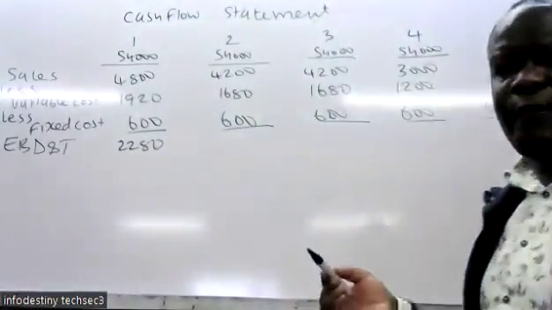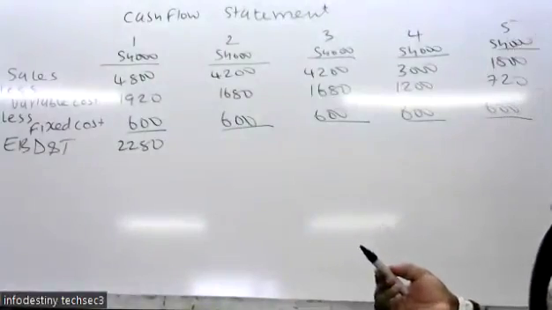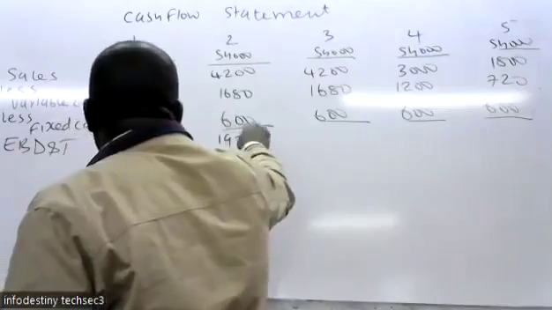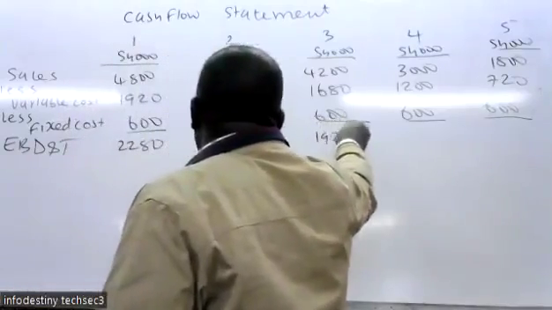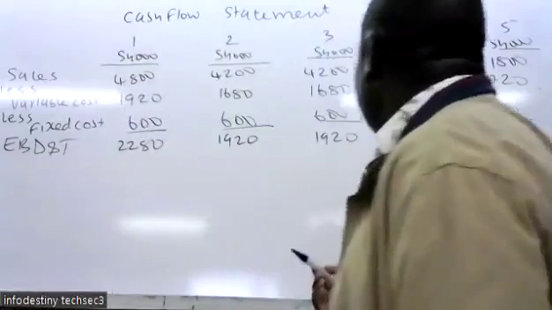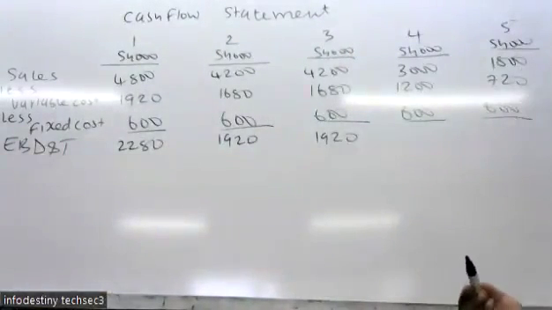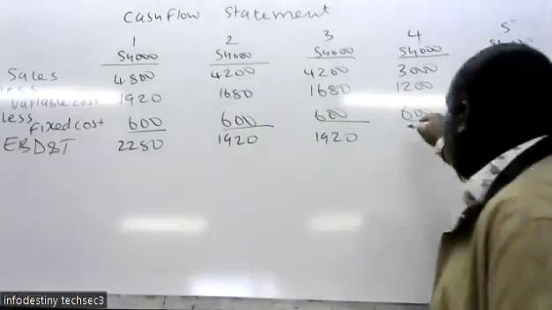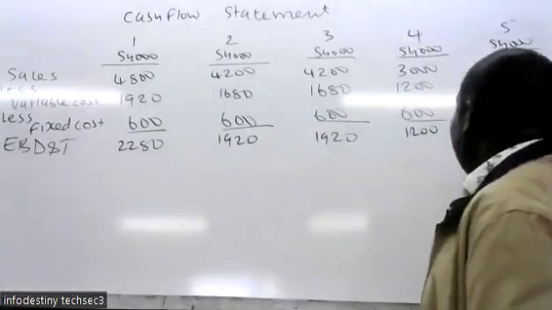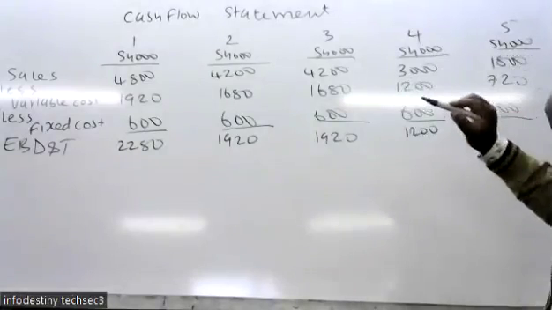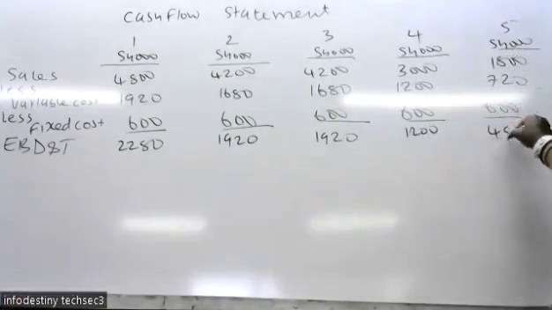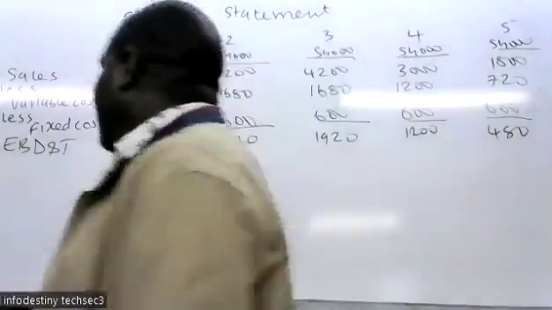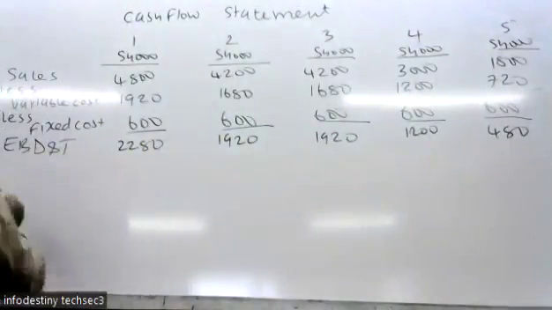Year 2 should be which figure? So this is also 1920. How about year 4? So that is now our earnings before depreciation and tax.